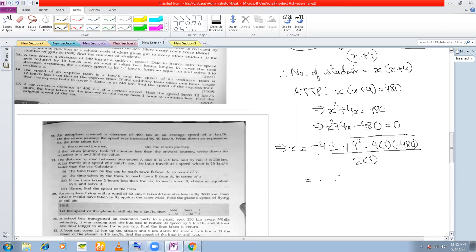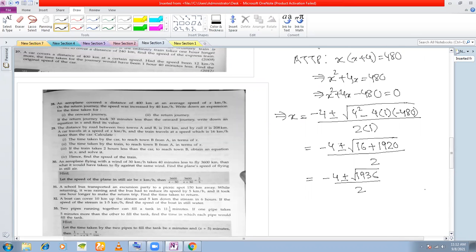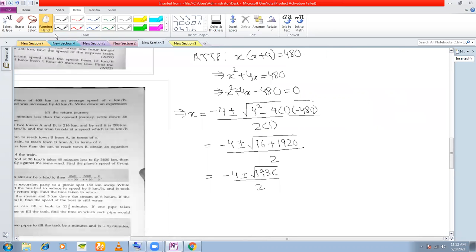which is equal to minus 4 plus or minus root of 16, and this minus and minus sign combined give you a plus, and 4 into 480 will be 1920, divided by 2, which is equal to minus 4 plus or minus square root of 1936 divided by 2. Square root of 1936, you know how to find by the division method. Let's find it in our rough.